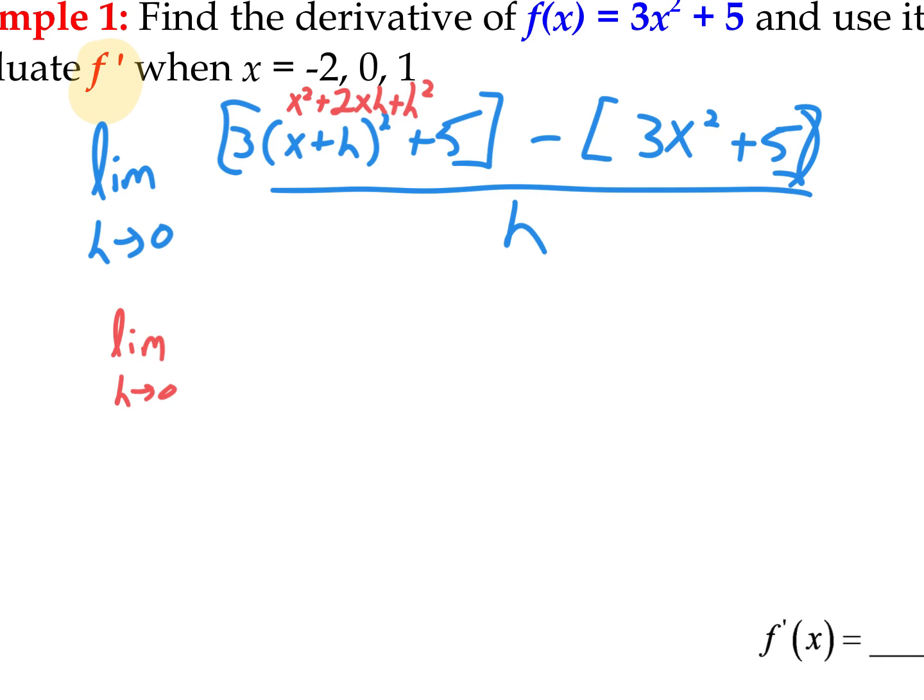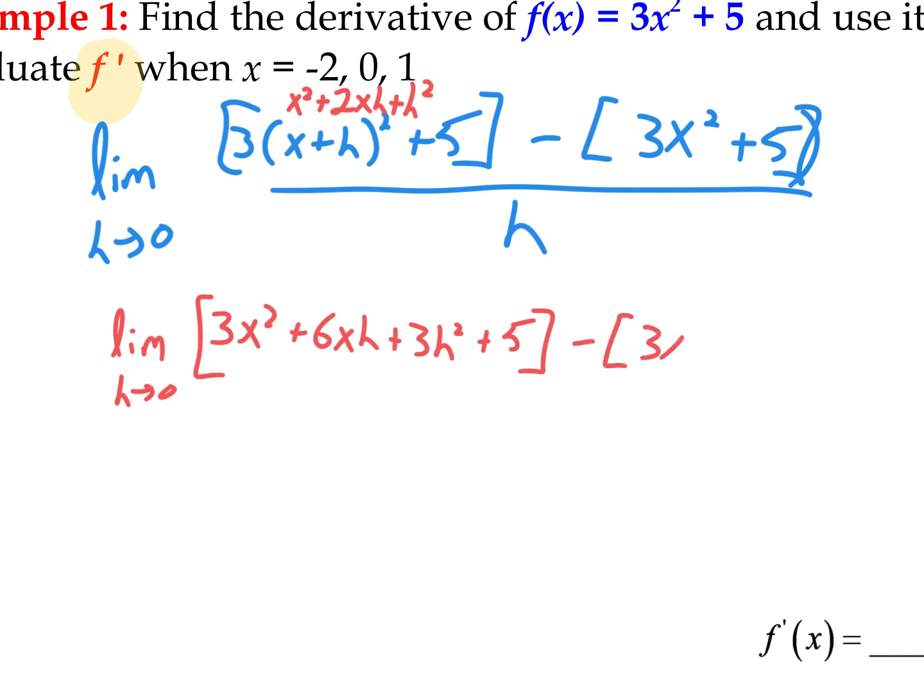There was a 3 in front of it, so that's going to be 3x squared plus 6xh plus 3h squared plus 5. So that was the f of x plus h term. Then we have minus this 3x squared plus 5, all of that over h.